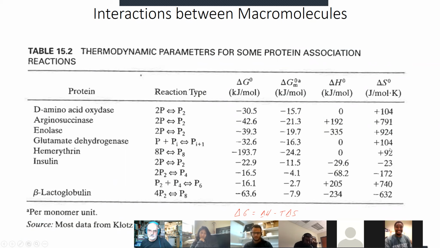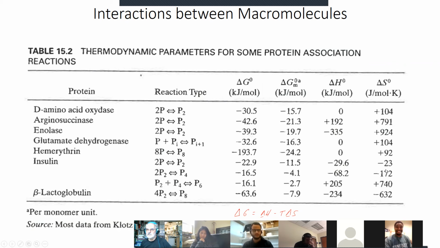These negative values suggest that there are van der Waals contacts and hydrogen bonding that is going on in those interactions, okay? And you can see that these zero values seem to correspond to, consistent with small effects because the loss of hydrogen bonding, but then the gain of hydrogen bonding in the water contributes to nearly zero enthalpy change.